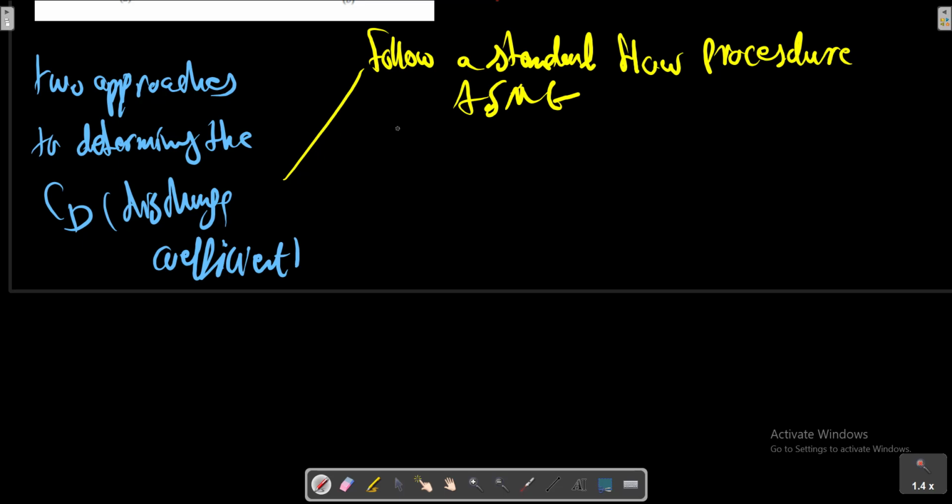A more accurate method is to calibrate a given nozzle or orifice and determine the discharge coefficient for a given installation by accurately measuring the actual mass rate of flow.